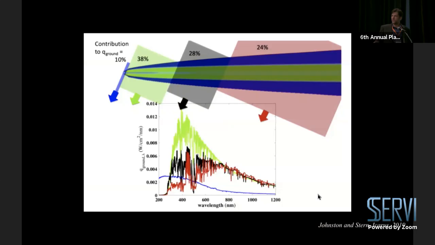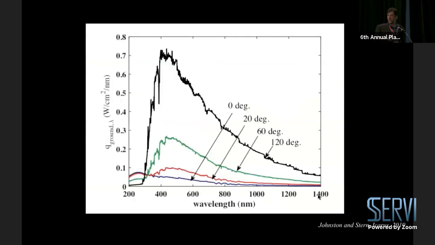Here you see each of those regions, and the radiating spectra within each region. You can see that this near wake region actually contributes the majority, or I guess the plurality, of the radiation that's experienced on the ground. One result of this insight is that there's a strong view angle dependence to the radiation that you would experience on the ground, or the light that you would observe in a more benign scenario.